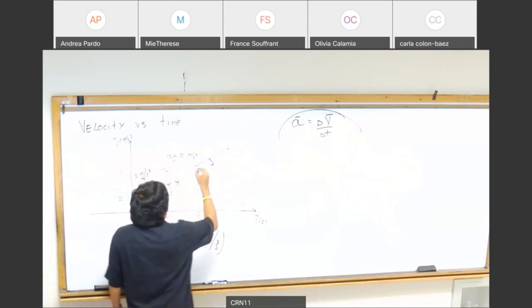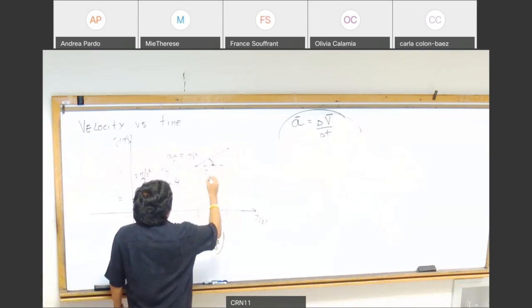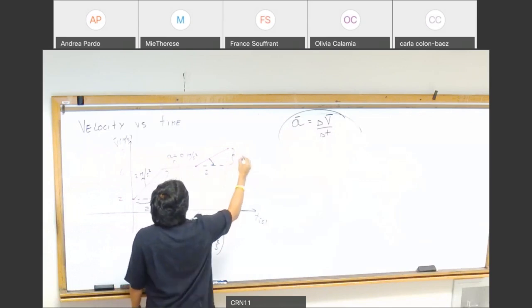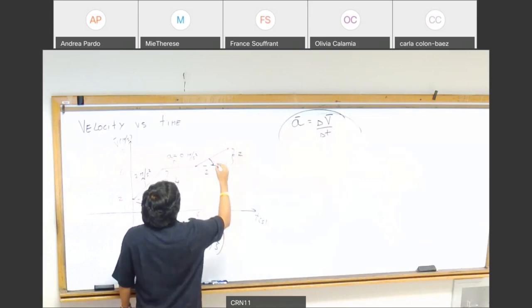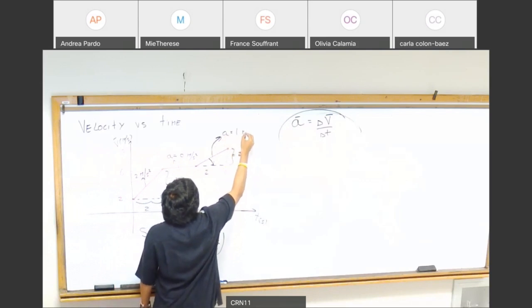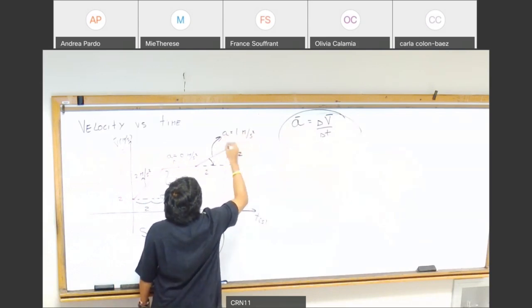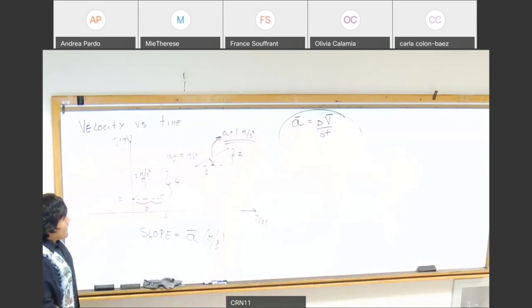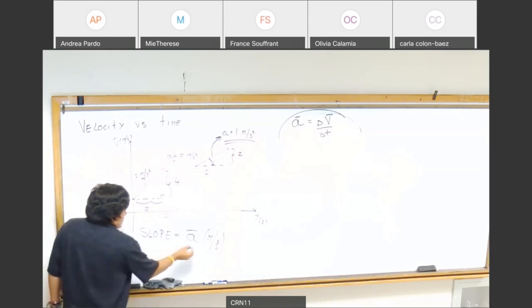And here, in 2 seconds as well, the velocity went from 6 to 8. So 2. So the acceleration here will be 1 meters per second squared. I can get acceleration now. Right? That's important.